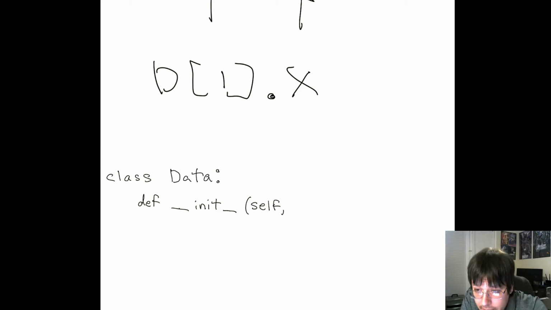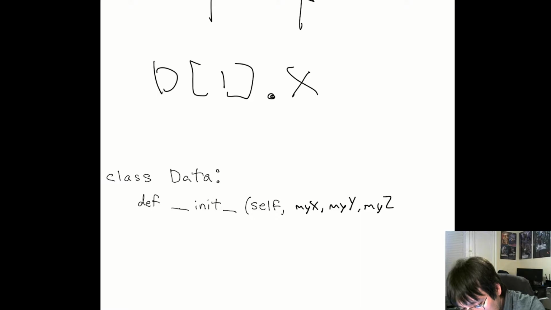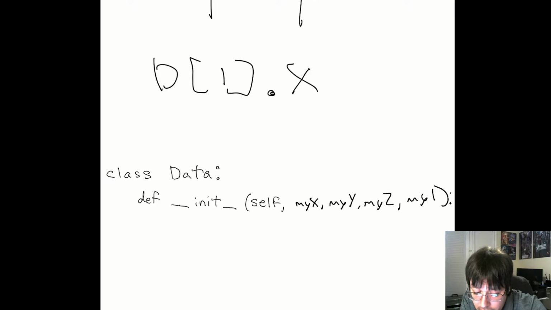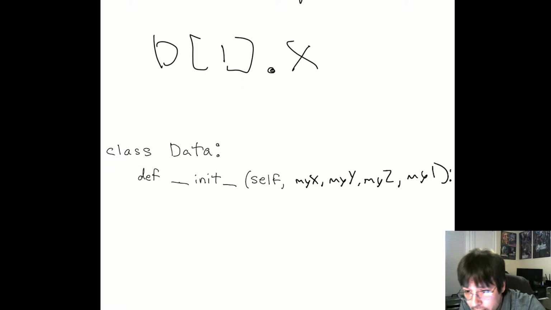But in this case, I'm going to throw in some other information here, which is the list of variables that I want to create when I create an object of this type. So I'm going to say my X, my Y, my Z, and my L, lowercase. And this, as you can see by the word def at the beginning, is a function. So I need my colons as well, and I need to indent the next line.